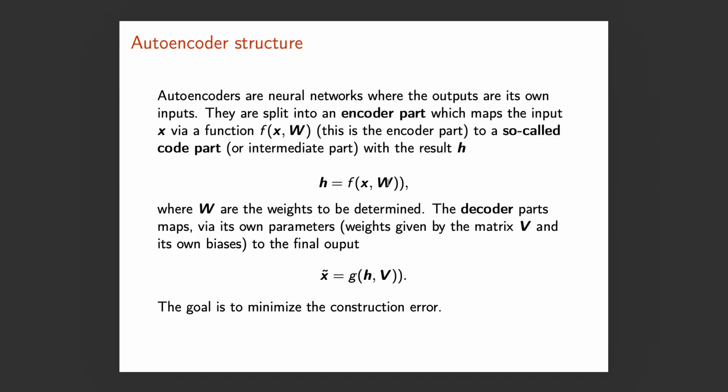So this is the encoder part. And this could be a neural network which we are training. And then there is a decoder part, which takes this reduced dimensionality and then rebuilds via a new matrix V, and then it rebuilds the output. So the difference between X and X tilde is the one you want to optimize. So this means that a quantity like the mean squared error is something which we will encounter again and again.